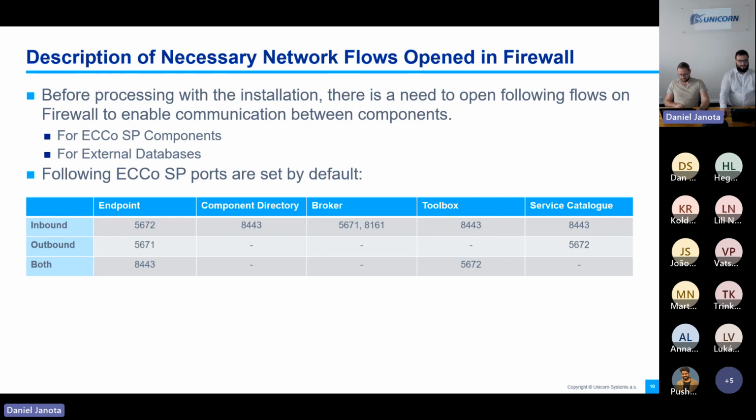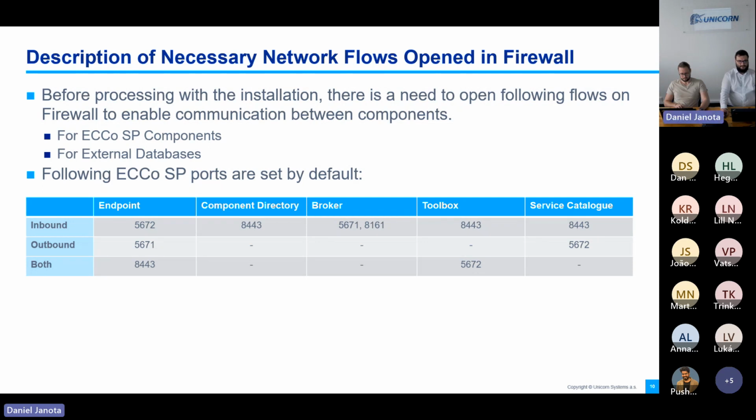Regarding the network flows, it's another topic that needs to be done before the installation. You would need to open flows in firewall, specifically port 8443 for ECP endpoint. This port is used for graphical user interface and web services, REST API, and etc. And it's needed to be opened for both inbound and outbound communication.